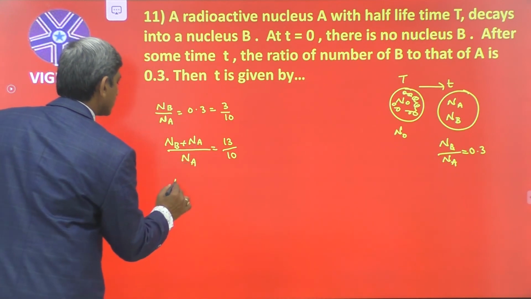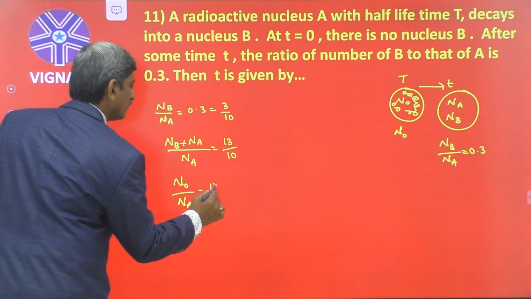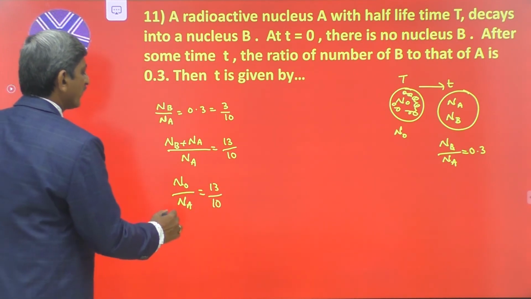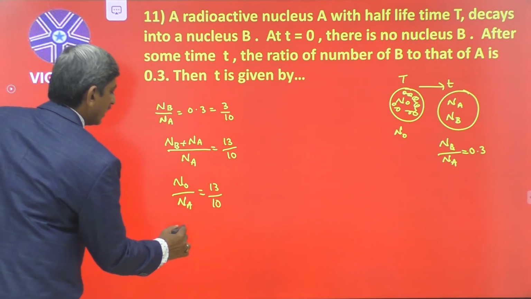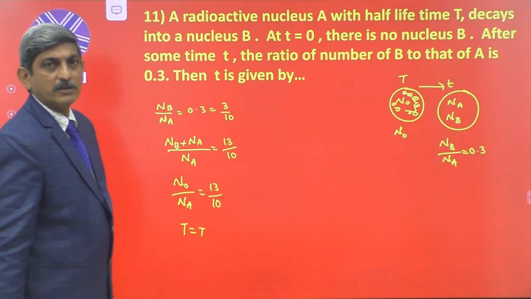That's why we can write it as N0 by NA is equal to 13 by 10. Now the half-life time is given.